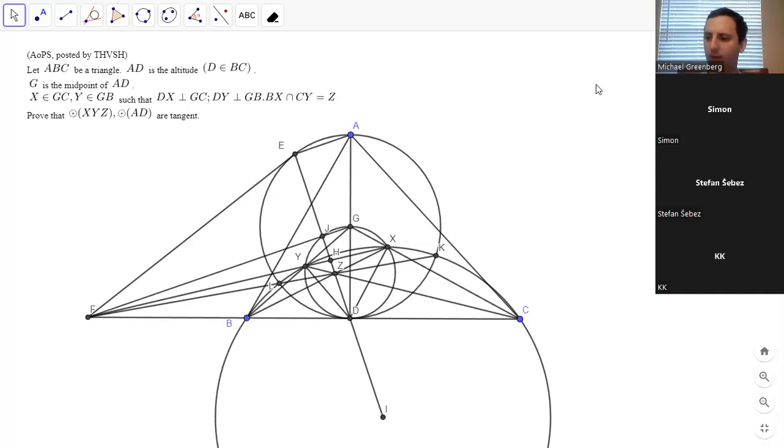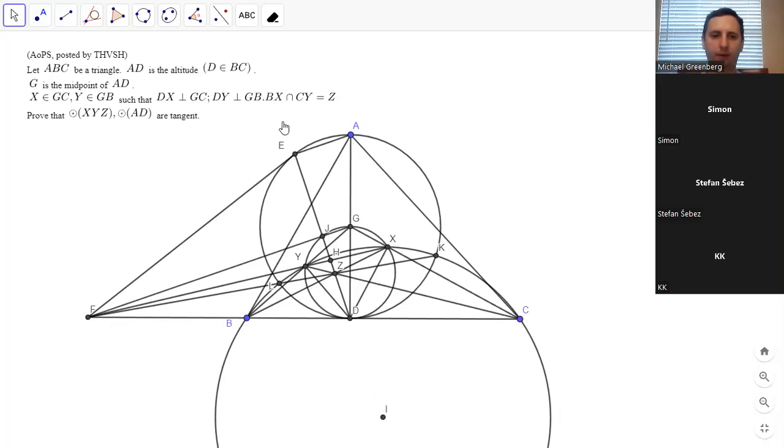So yeah, I think we're very close here. If it's true that I lies on ED, I'm getting a little confused about what we know and what we have to prove.